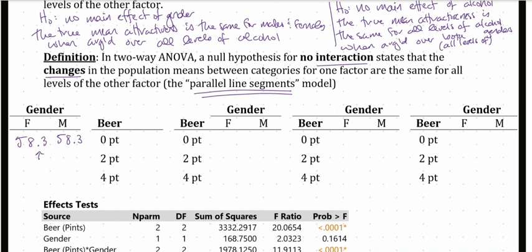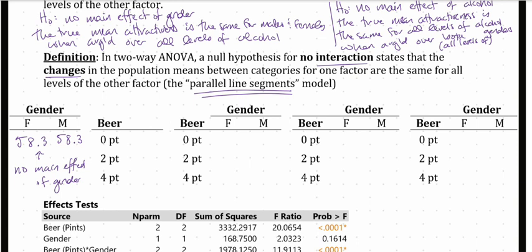So this would be the first null hypothesis, no main effect of gender. So averaging over beer, males and females are going to have the same response. What if there's no main effect for beer? That means averaging over gender.